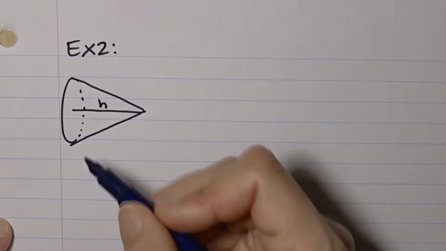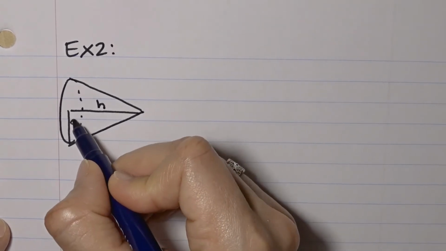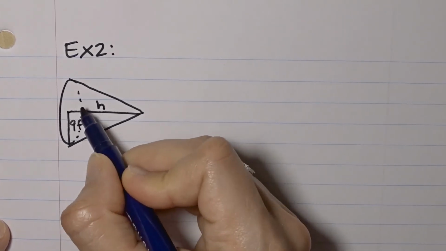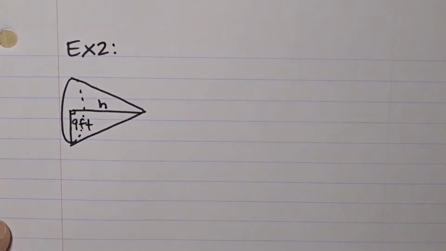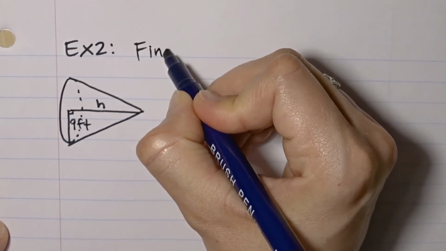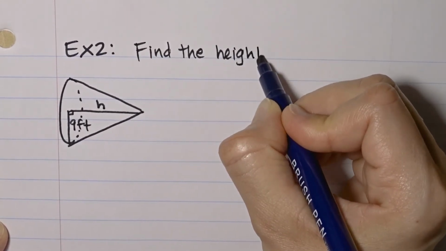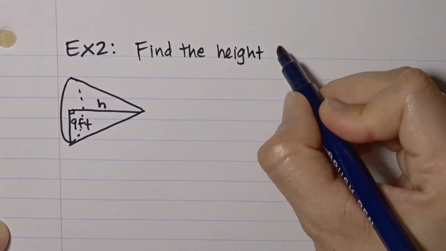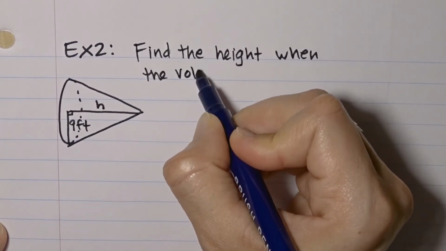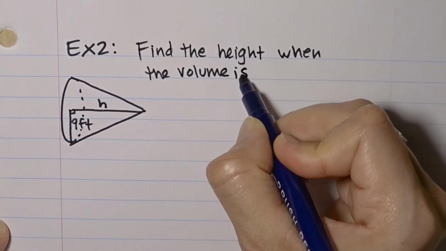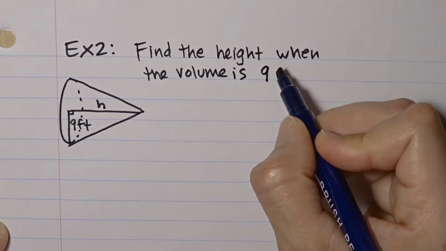And this time we are given the radius because it's halfway across, and they're saying that that's 9 feet. And it is perpendicular, right? And it says find the height when the volume is 956 feet cubed.